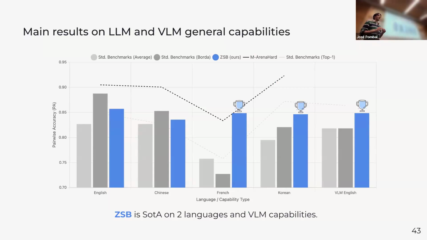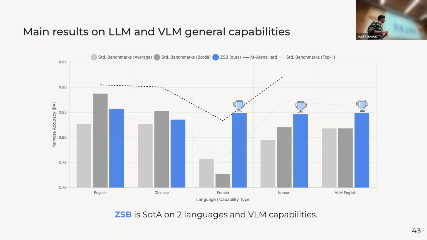So the light gray is average aggregation, and the dark gray is Borda count. The line plots are the unfair baselines, kind of the upper bounds. And in 3 of the 5 cases, ZSV has higher pairwise accuracy than standard benchmarks. And in the other 2 cases, it has lower than Borda count. So if you're using aggregation, do use Borda count because that works better than average.